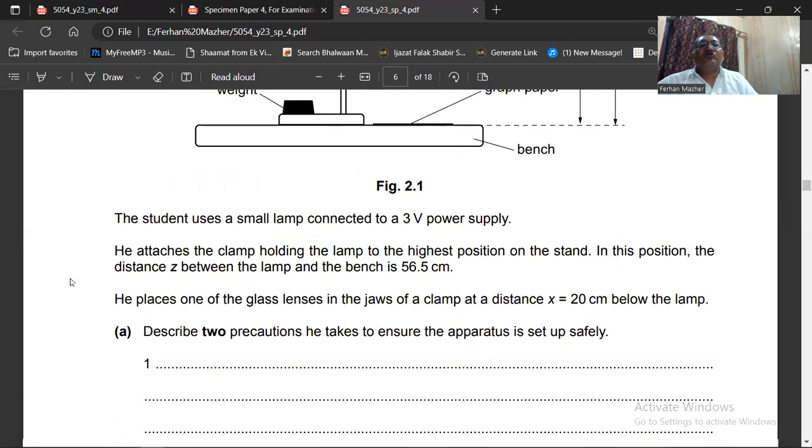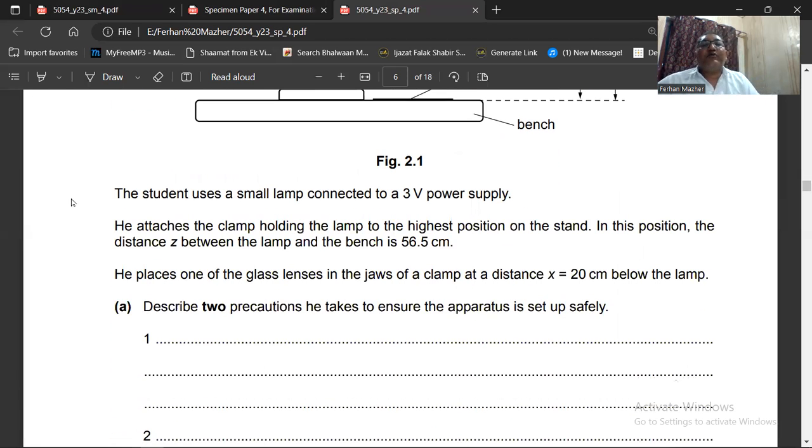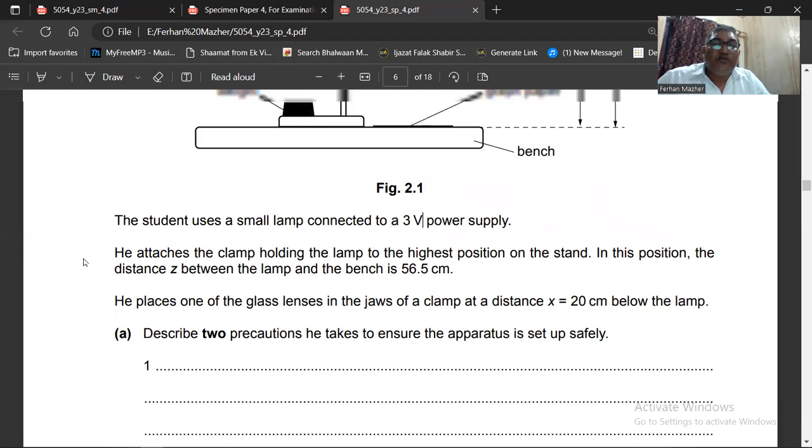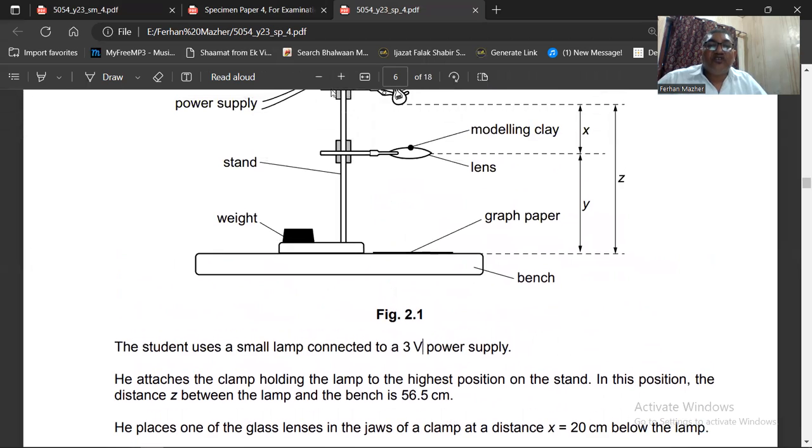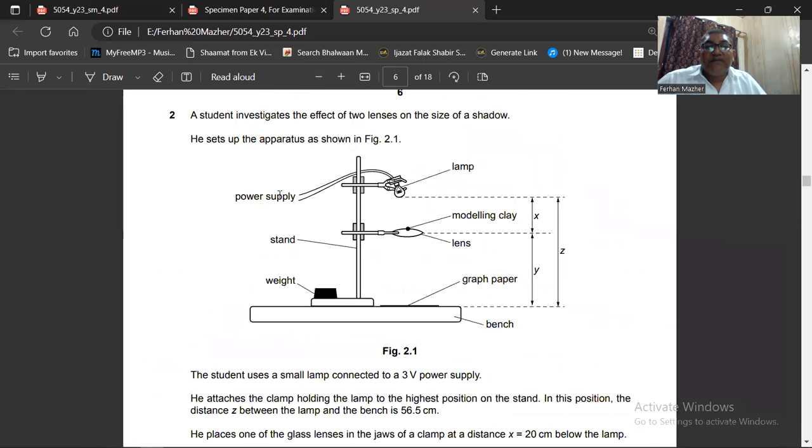He says the student uses a small lamp connected to a 3.3 volt power supply. Okay. He attaches the lamp, holding the lamp to the highest position on the stand. In this position, the distance Z between the lamp and the bench is 56.5 centimeters.